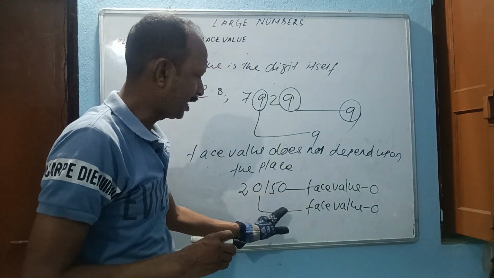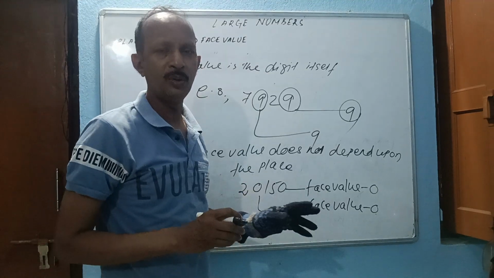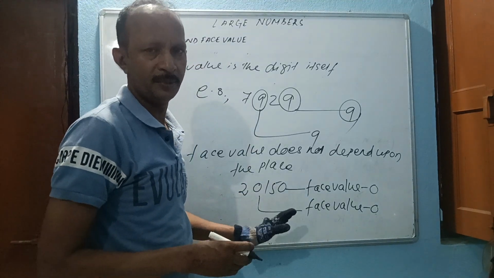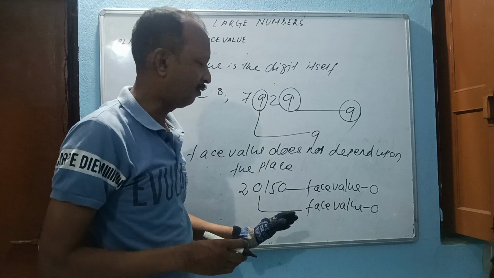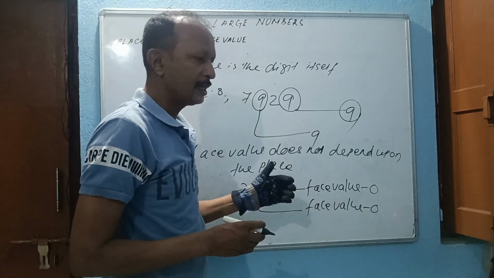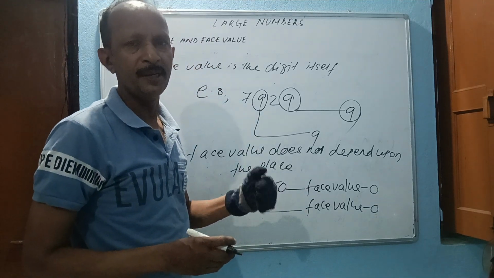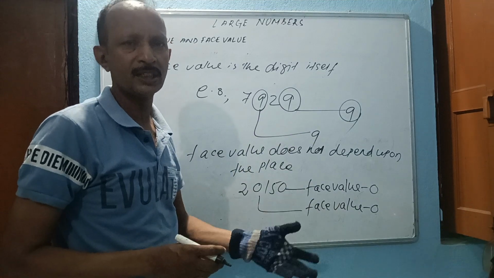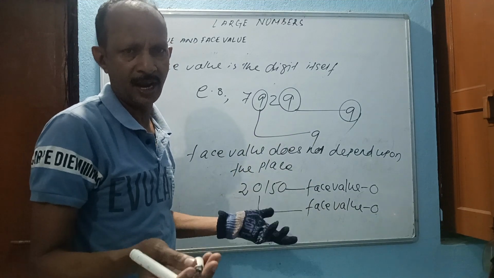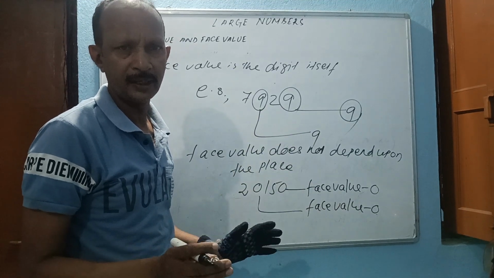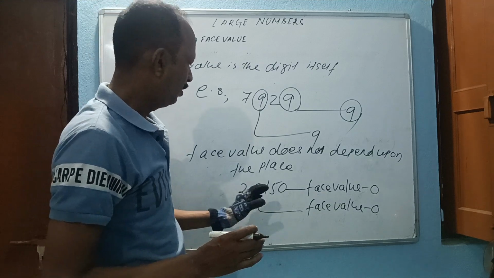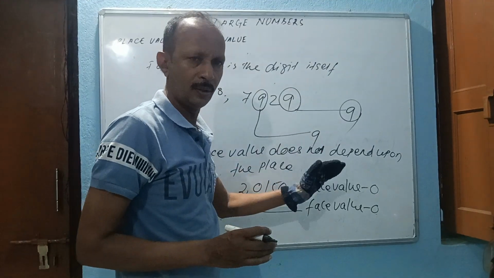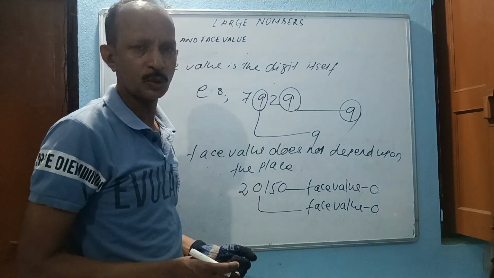At the same time, its place value is also 0. Remember that the place value of 0 is 0. It may be any place. It may be ones place, hundreds place, thousands place, lakhs place. It does not matter. Okay. So 0's face value is 0. 0's place value is also 0.